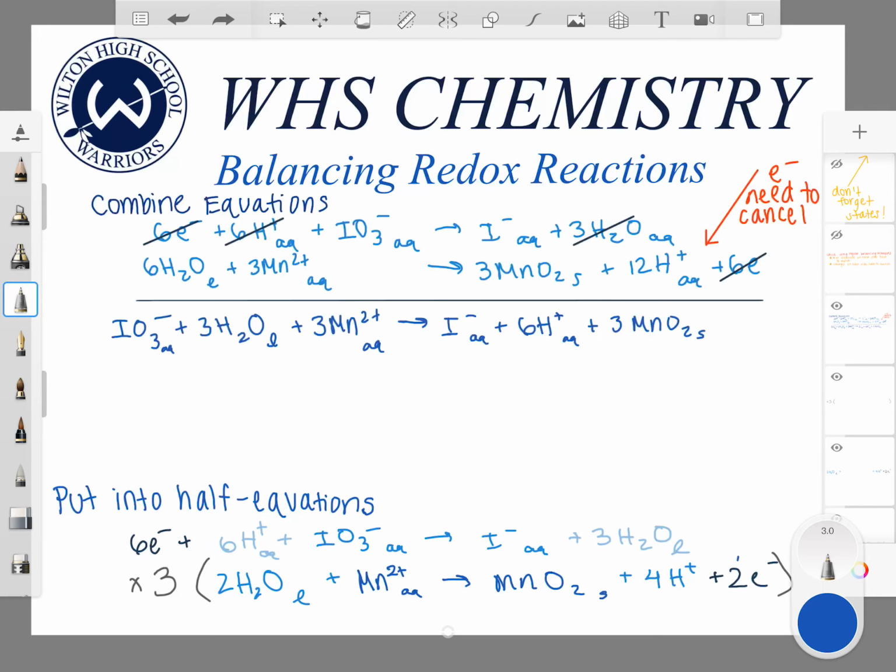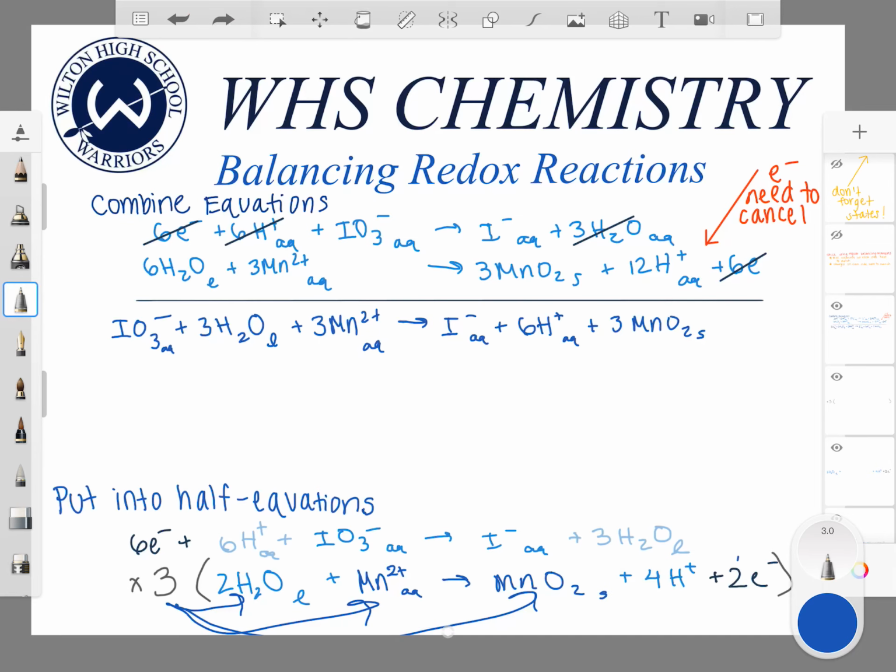So our next step is to combine the equations. So you add the equations next to each other. I usually line up the arrows over here so that I'm able to see what side of the equation is which. And so you see here that we have the 2 equations that we wrote out, and I distributed this 3 throughout the whole problem, not just to the electrons.